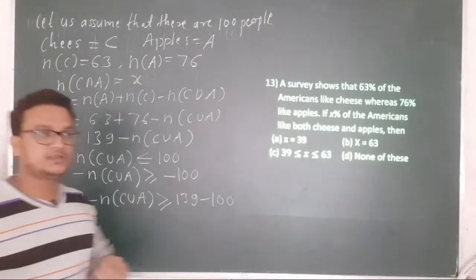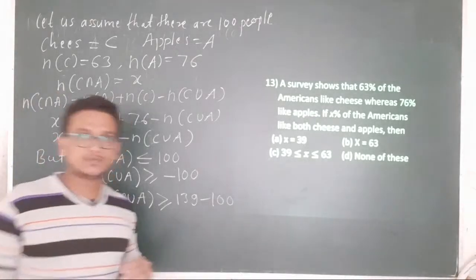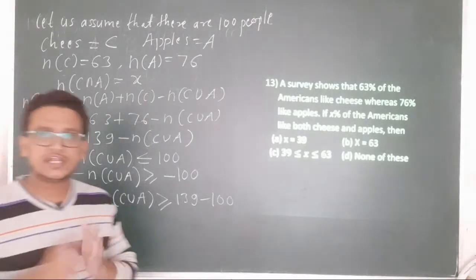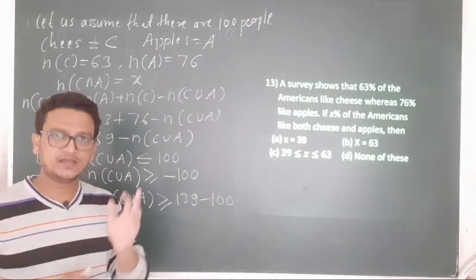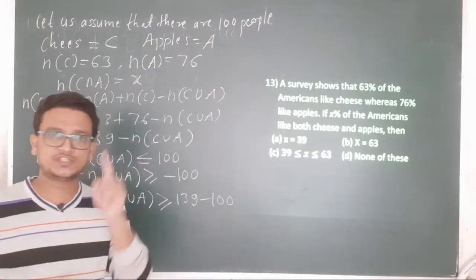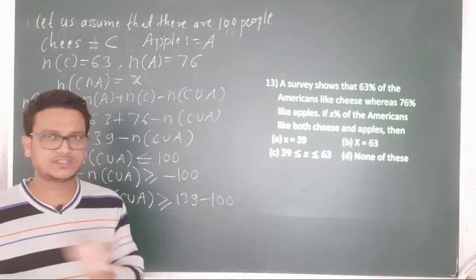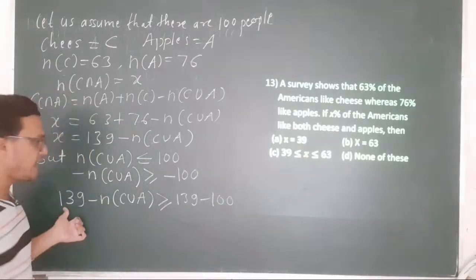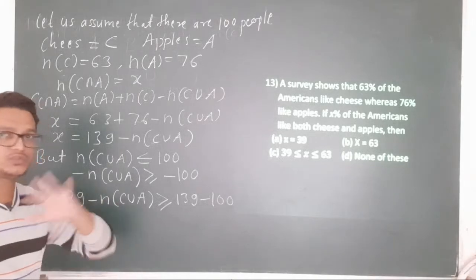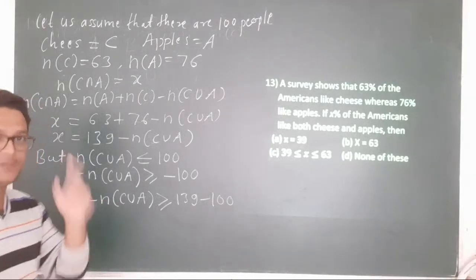In the linear inequality chapter, only when you multiply or divide by a negative quantity does the inequality change. Here I have added plus 139 on both sides, but there is no change in the inequality, just keep in mind.